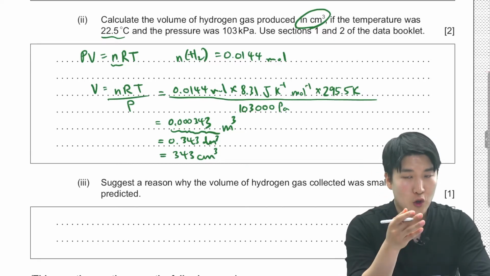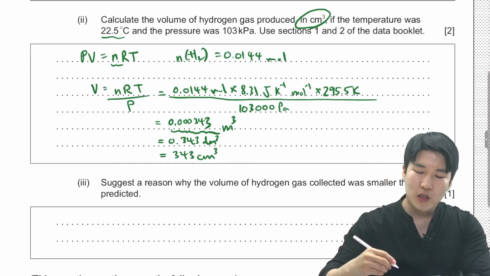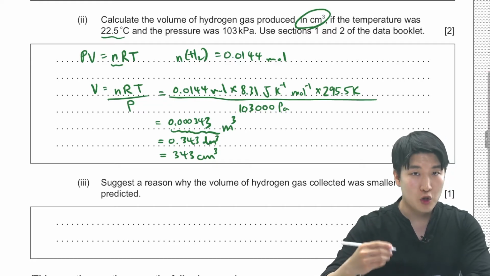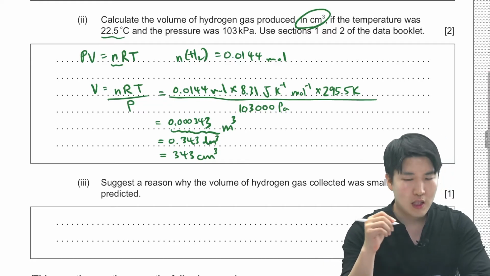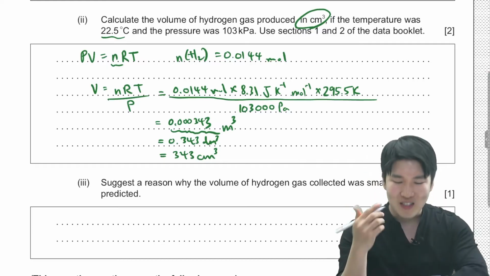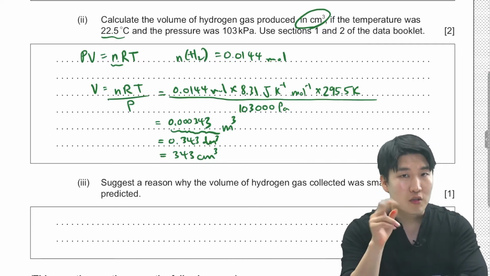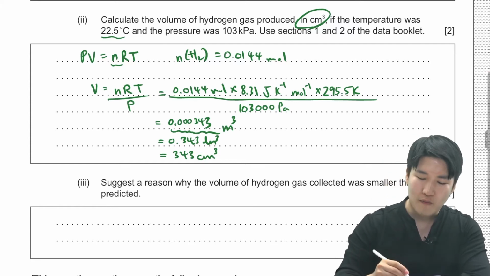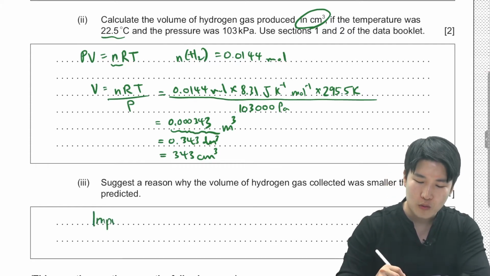Hydrogen gas volume collected, we theoretically postulated that to be 343 cm cube, but in reality, the actual volume produced was less than that. I can think of two reasons for that. First, we have used an impure lithium sample.